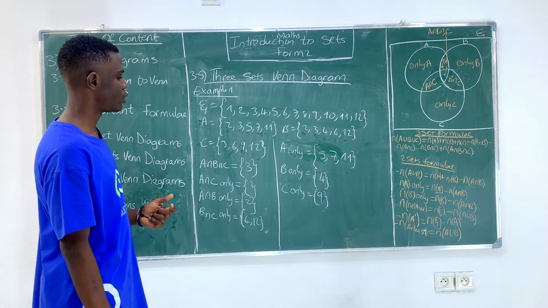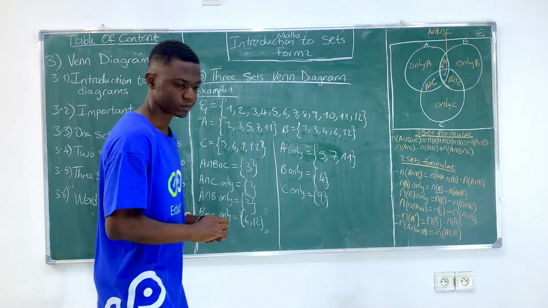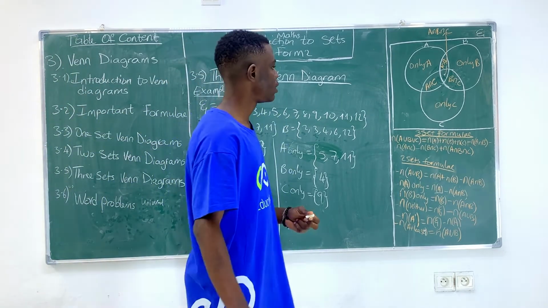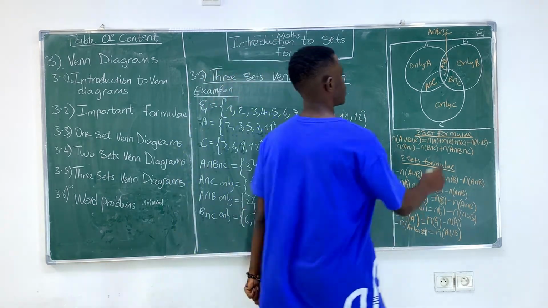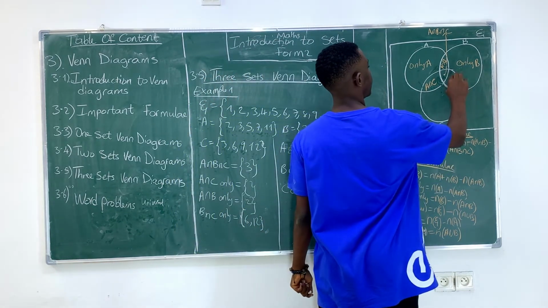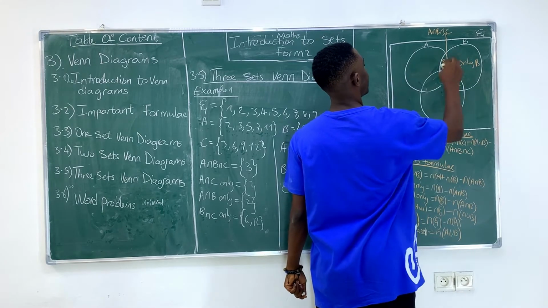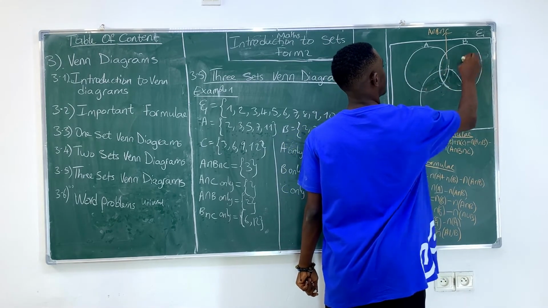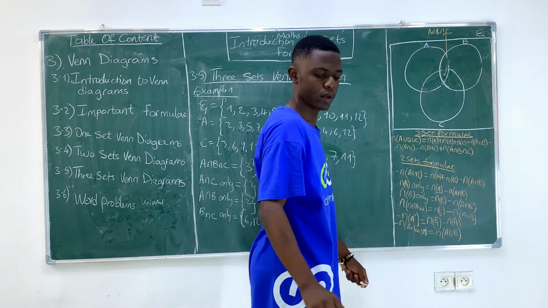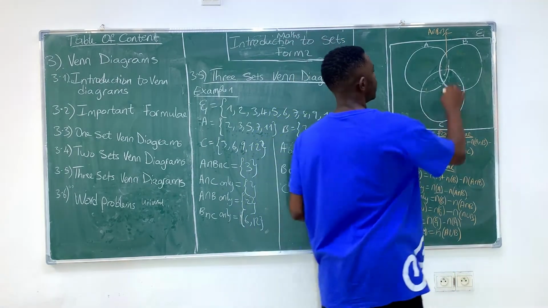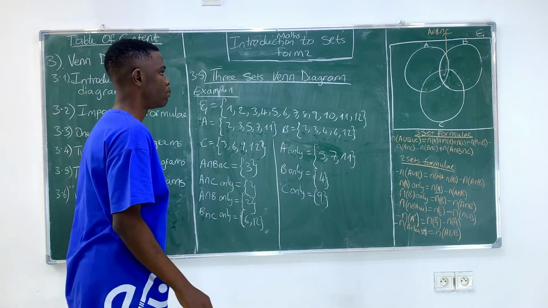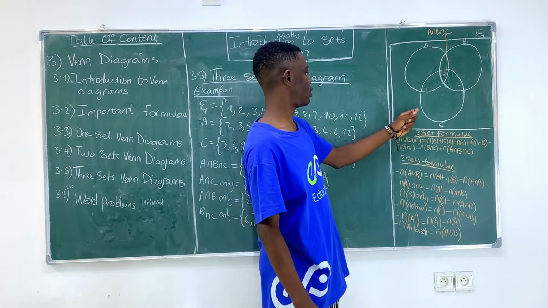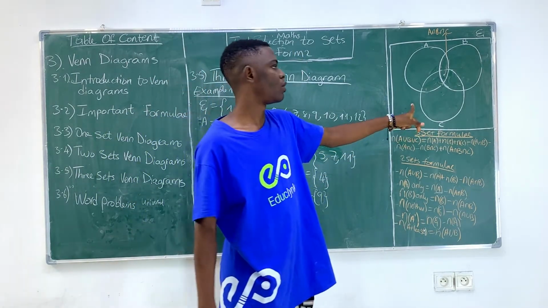So now we have all of our values. We can now see the Venn diagram. But before, we should also find the numbers that are in none of the 3.